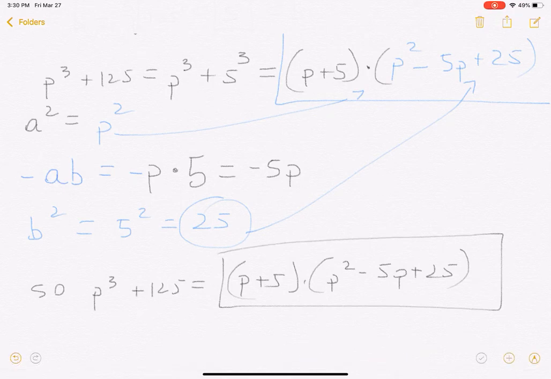Okay, next what we're going to do, we're going to practice factoring a difference of cubes.